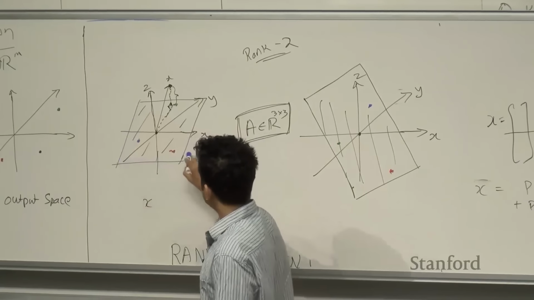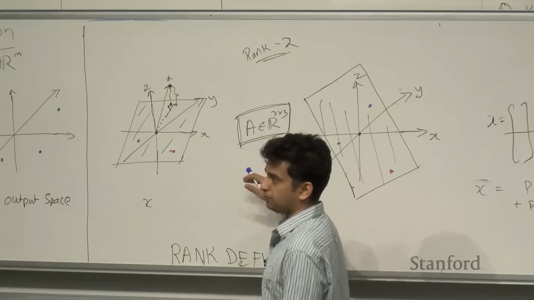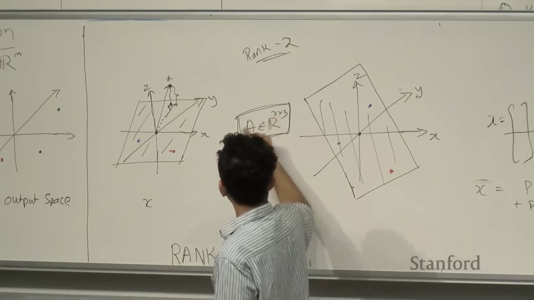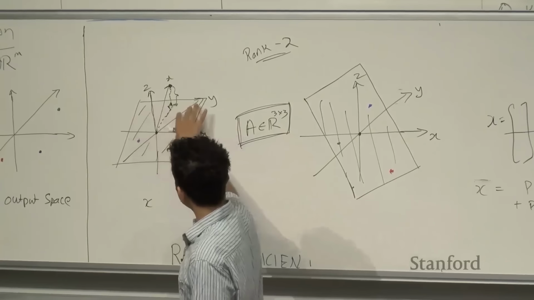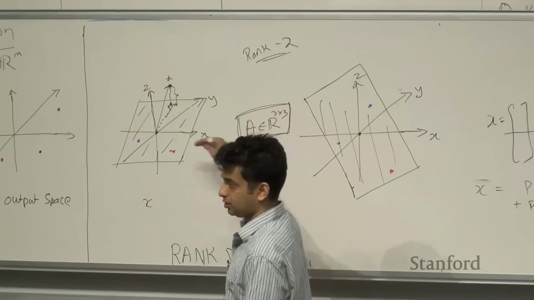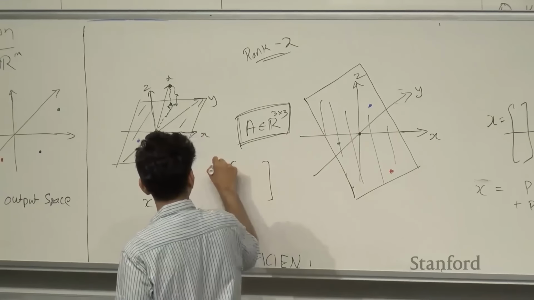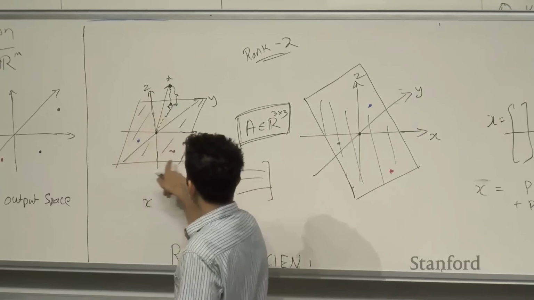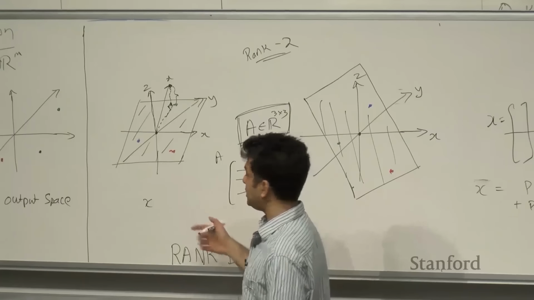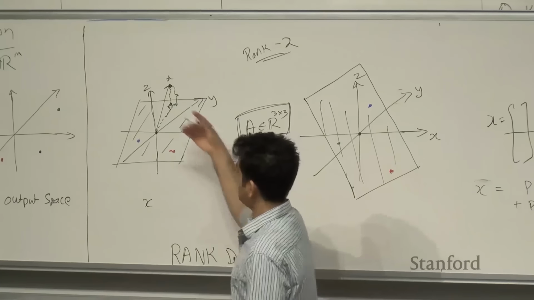The points that lie on this subspace can be represented as some linear combination of the rows of A. What it means is, if A has 3 rows, there will be 3 points in the subspace which correspond to the 3 rows of A. This is A, it has 3 rows, and this is the subspace obtained by linear combinations of these 3 rows, which means one of the combinations could be 1, 0, 0: 1 times the first row plus 0 times the second row plus 0 times the third row must lie in this subspace.